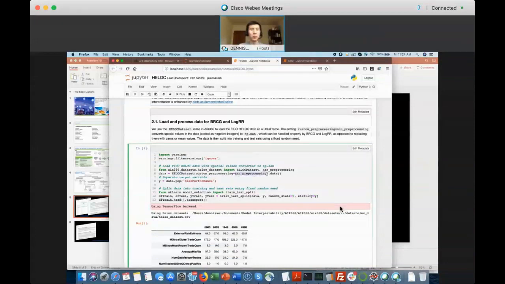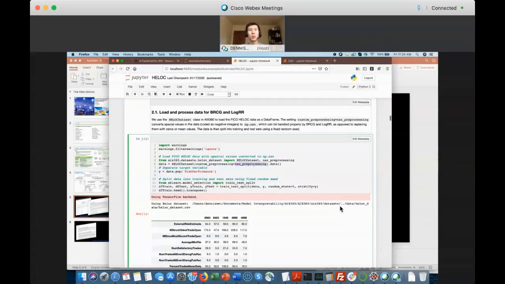Among other things, the original data set contains some special values that are notated with negative numbers. This NAN pre-processing converts most of them to the NumPy NAN representation. And if we look below, we can see some examples. Here's a NAN, here's another one.